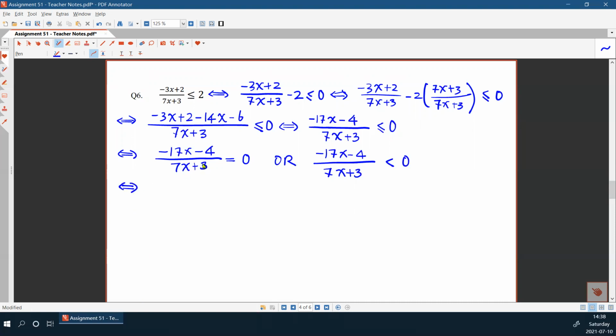Next step, a ratio that is 0 means the numerator must be 0, and at the same time the denominator cannot be 0.